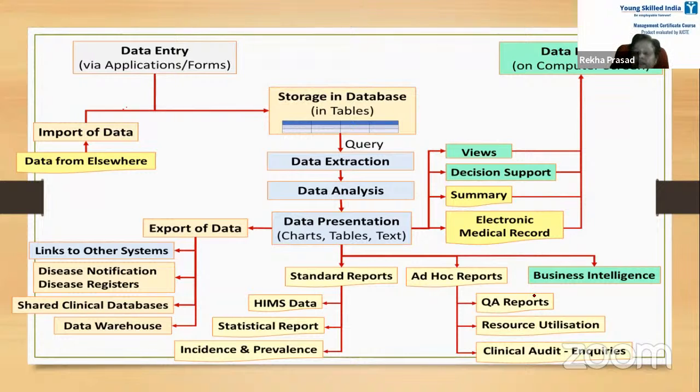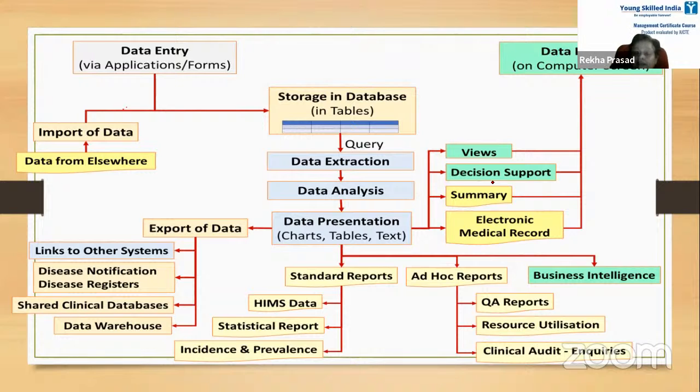Business intelligence: you can use this data for business intelligence, to enhance your business capabilities. You can view those data, you can have a decision support system when you want to take a certain decision.